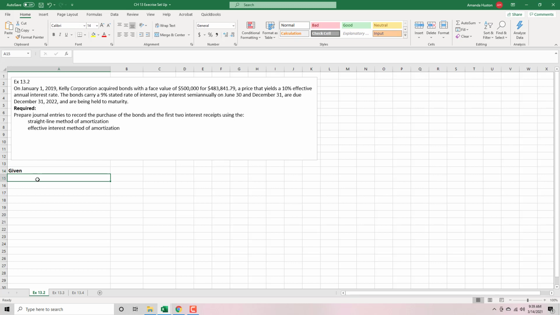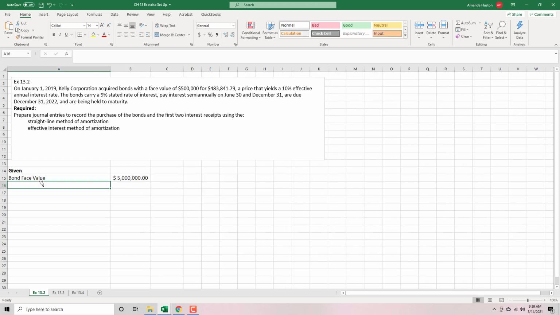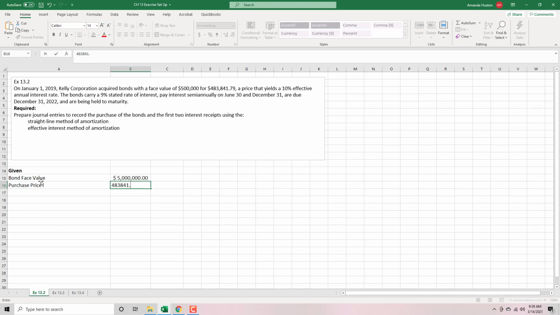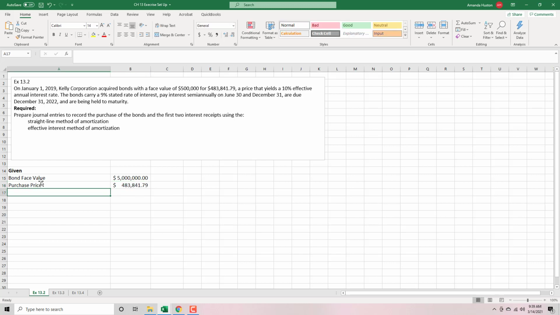So we have a bond face value of 500,000. We have the purchase price of 483,841.79. We have an effective interest rate of 10%.